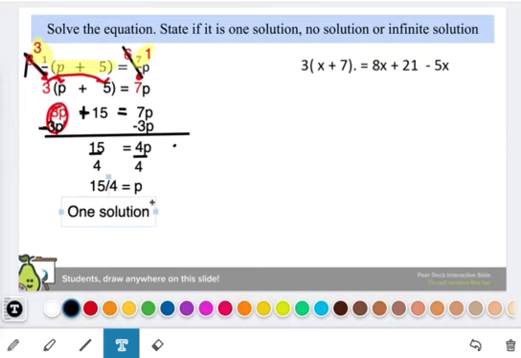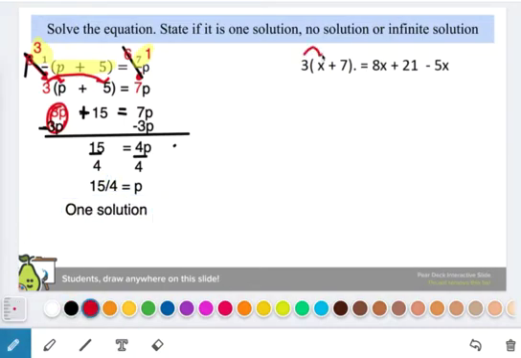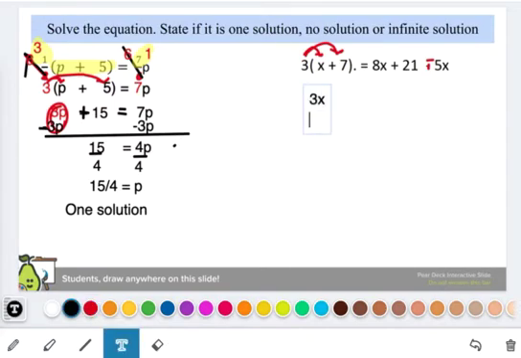Okay, now here, distribute first. Oh, additive inverse, right? Distribute, you get 3x plus 21. Can't do anything to that.